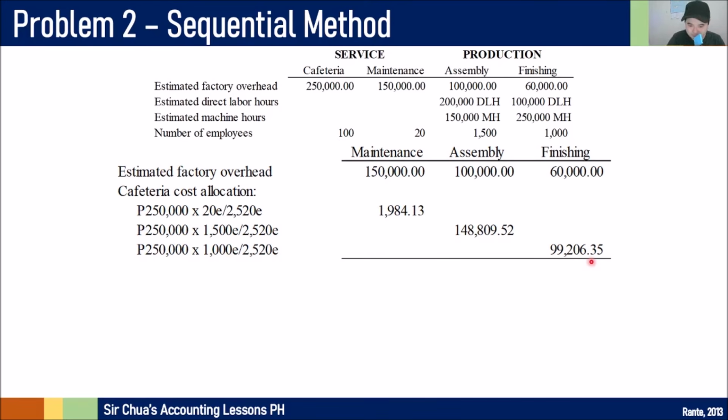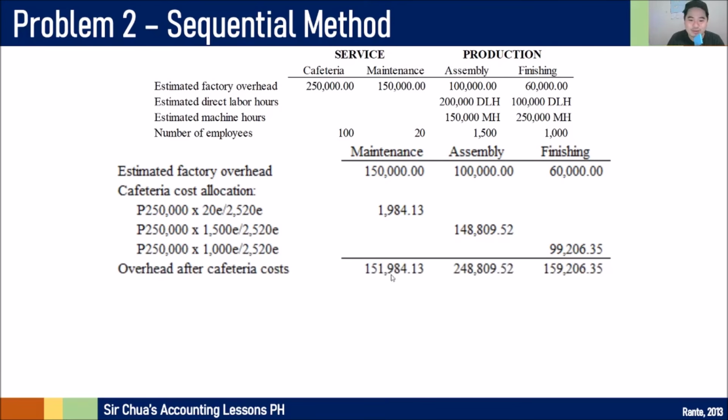Get mo muna yung total kasi kailangan natin yung kay maintenance. So, yung maintenance cost ngayon na i-allocate mo, hindi na lang 150,000 dahil naka-step method ka, nagkaroon na siya ng konting cafeteria cost. So, ang nangyari, 151,984.13 na yung i-allocate natin kay assembly and kay finishing. That is your overhead after cafeteria cost.